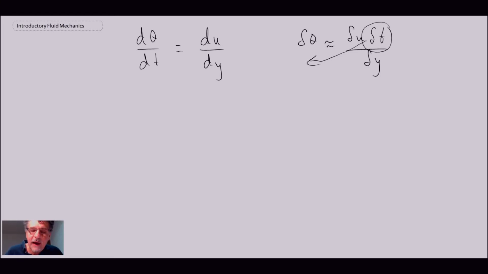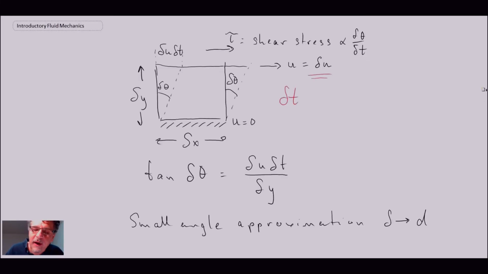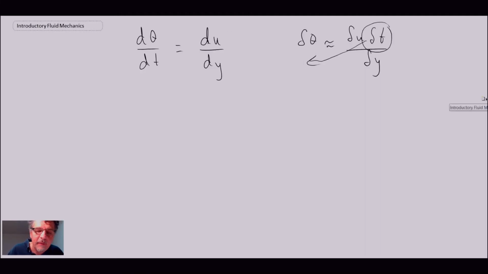So with that, if we look back to what we were saying in the earlier slide, that shear stress is proportional to delta theta by delta time, if you recall that, we can say it was proportional to d theta by dt.